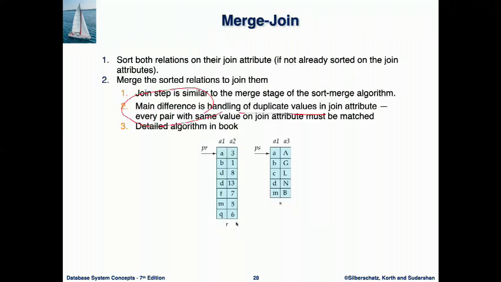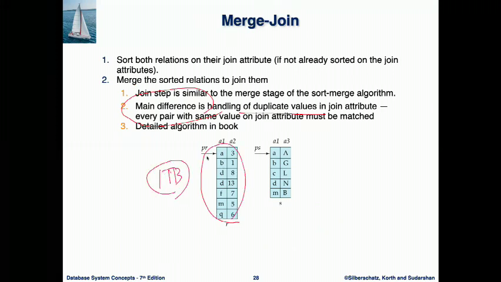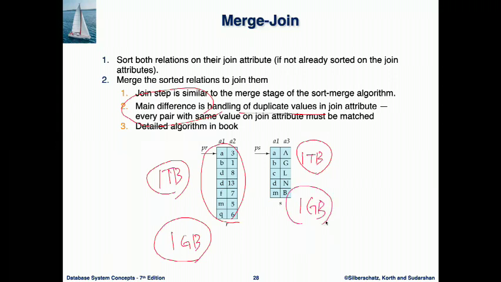Let's just say you have 1 terabyte of data in relation R and 1 terabyte in relation S, and you are using a 1 gigabyte buffer for relation R and another 1 gigabyte buffer for relation S. Then you start from the beginning and keep reading the data into main memory, and once you read 1 gigabyte of data, the buffer will be full. So you have to stop.